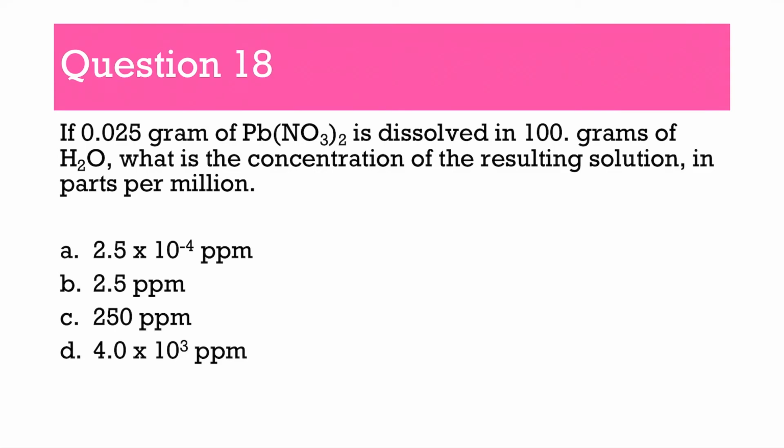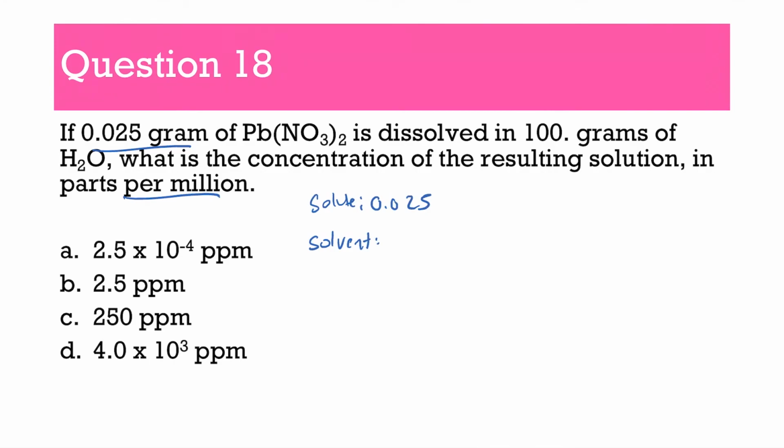Number 18, if 0.025 grams of Pb(NO3)2 is dissolved in 100 grams of H2O, what is the concentration of the resulting solution in parts per million? So it's telling you we're looking for parts per million, but our problem, we were given the solute, so the amount of stuff that was dissolved.